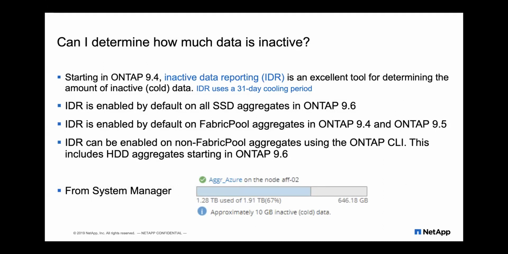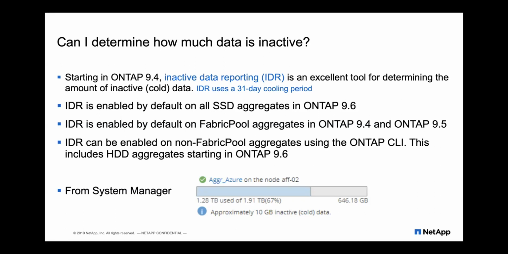One quick thing. Of course, we're talking about how to set up. So how can I determine how much data is inactive? Starting in 9.4, we introduced the inactive data reporting, IDR for short, as a tool to help you determine how much possible inactive cold data you might have within an aggregate. The IDR uses a 31-day cooling period. It's enabled by default on all SSD aggregates in 9.6.